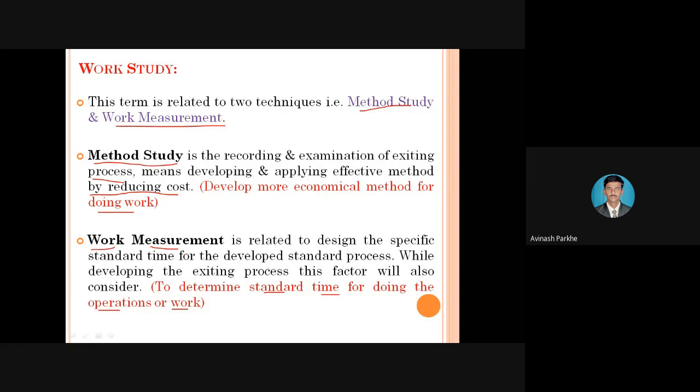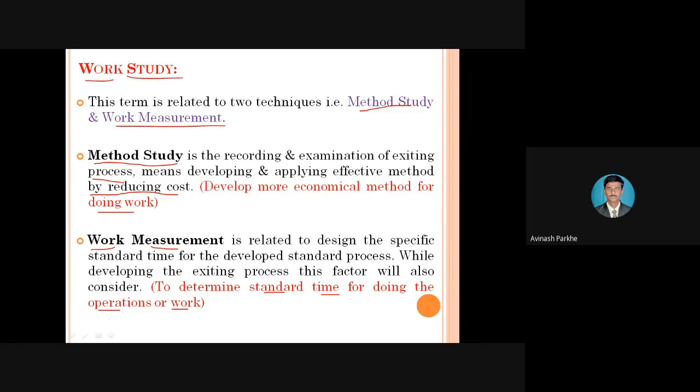Therefore, in simple terms I can say that method study means develop a more economical method for doing the work, and work measurement means to determine the standard time for doing the work or to eliminate the ineffective time. In method study, eliminate the unnecessary operations, and work measurement means to eliminate the ineffective time. So these are the two concepts which are correlated with work study.